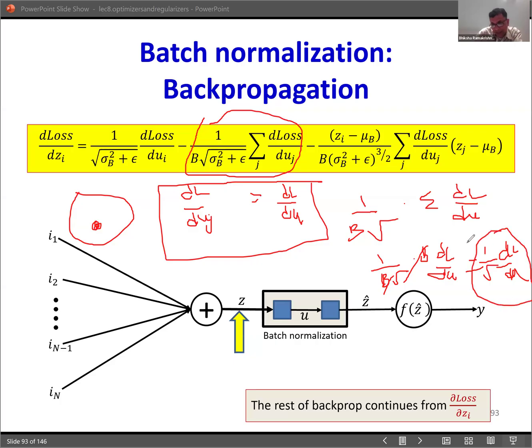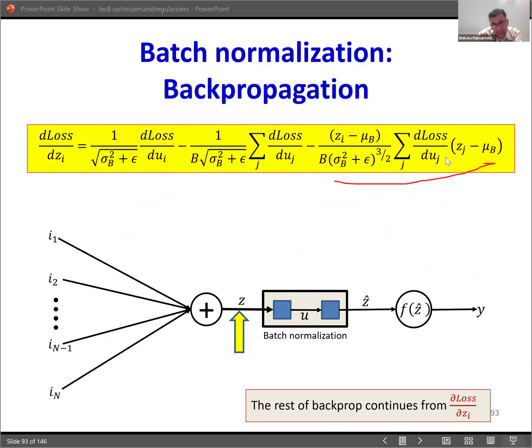Do you guys see this? Yes or no? Okay, so what would happen to this whole thing if the entire mini batch were identical? That whole thing is just going to become 0, right? So the first term disappears. What about the second term, this guy? Once again, dl over du is the same for all of the terms.